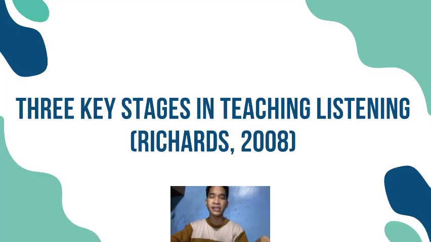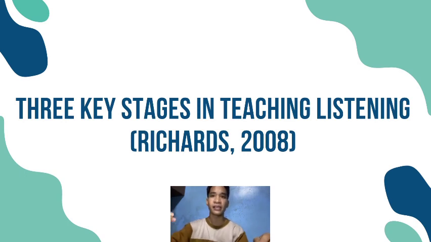Alright, so these are the three key stages in teaching listening according to Richards 2008. We have the before listening stage, the while listening or during listening stage, and the post-listening phase or stage.